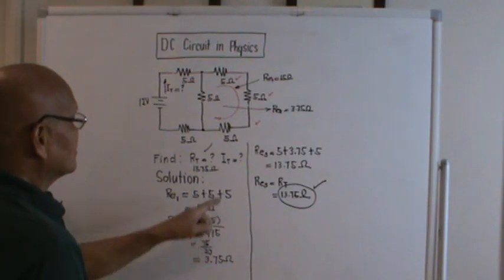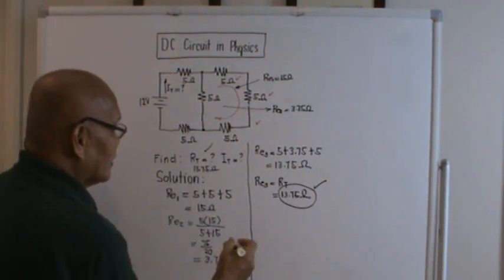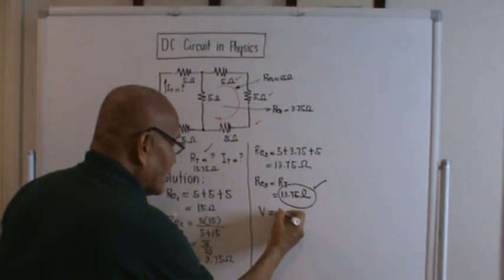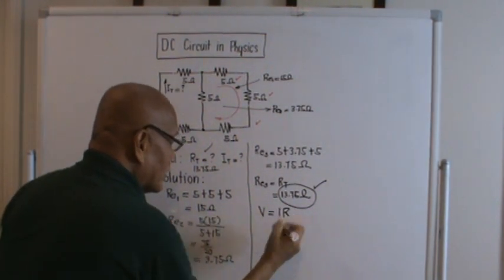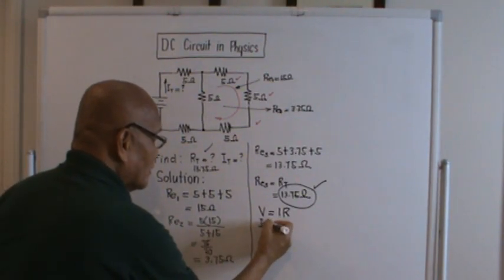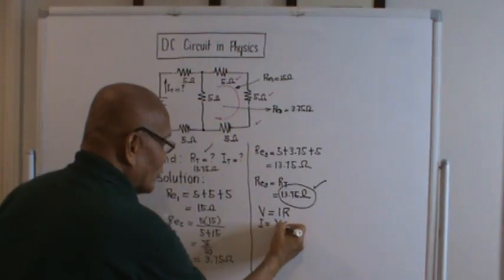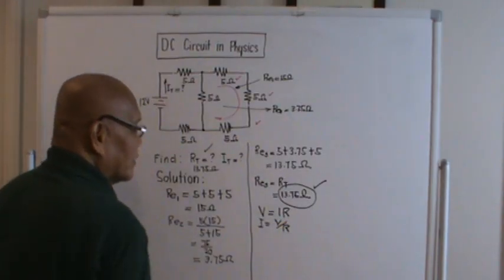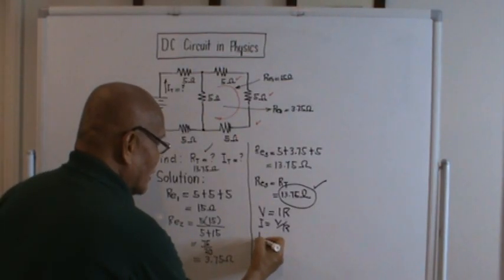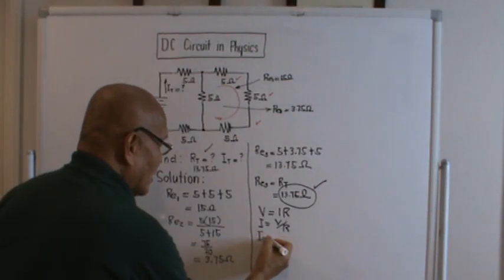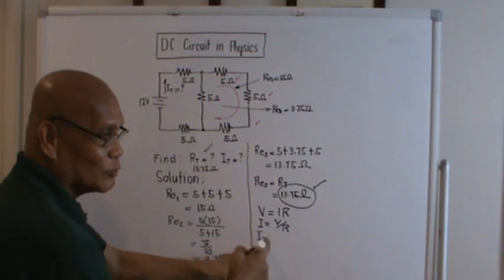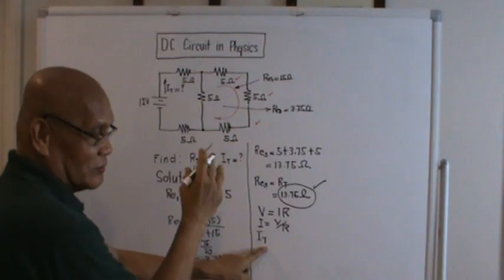The problem is asking for I total. Okay, we use Ohm's law. Voltage equal to IR. Right? So if we try to compute for current, it will be voltage over R. Right? And if we try to compute now for the total current, I will now try to place the subscript capital letter T here, meaning the total current of the circuit.